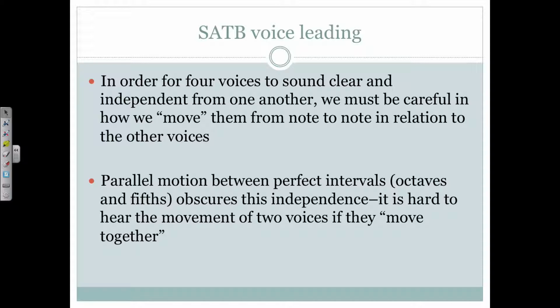So parallel motion between perfect intervals, and by perfect I mean octaves and fifths, not necessarily fourths, just perfect octaves and perfect fifths, obscures this independence. It's hard to hear the movement of two voices if they move together. If voices move in opposite directions, it's much easier to hear them independently. If they move together, either in octaves or perfect fifths, it's harder to determine where they are.